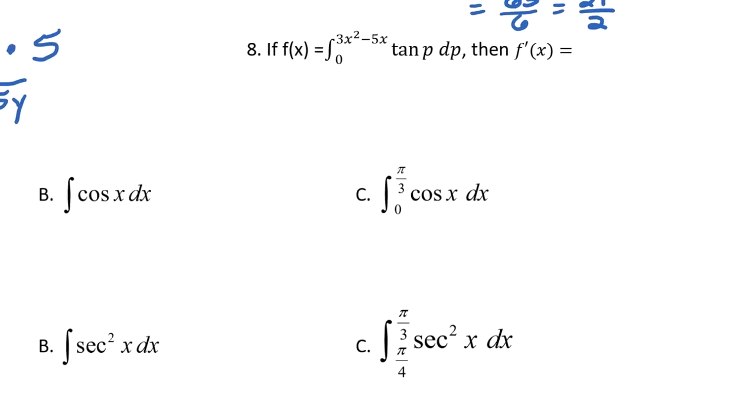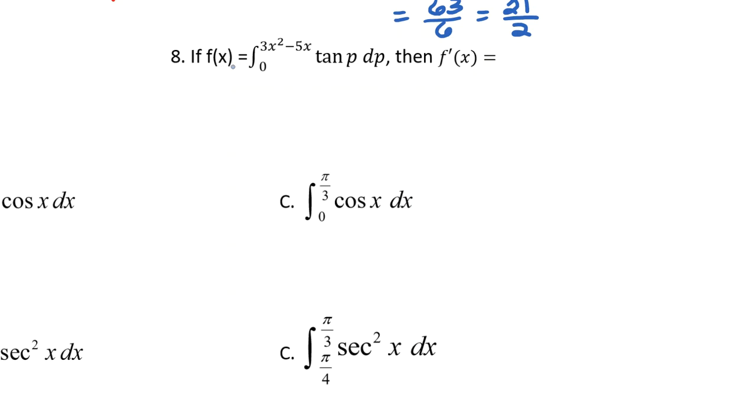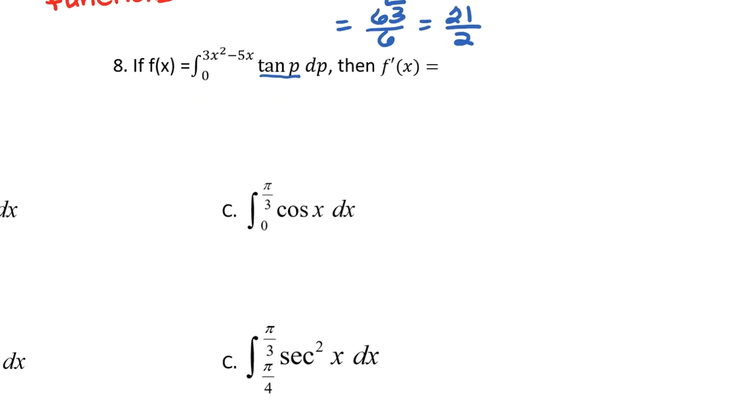Question 8. F is defined to be equal to the area under the tangent curve. So when we do its derivative, we're going to get right back to our lower limit, which can be any constant, by the way. We don't care about that constant because, remember our proof, the derivative of that constant will be 0 no matter what the constant is.